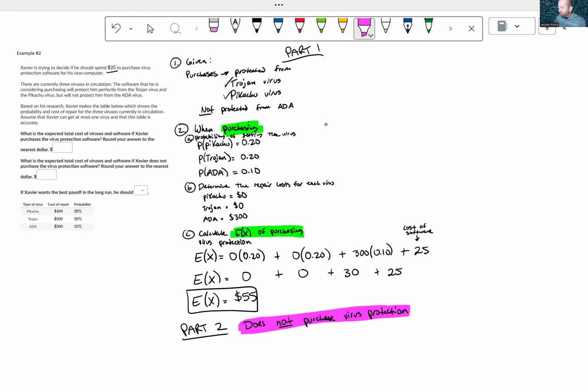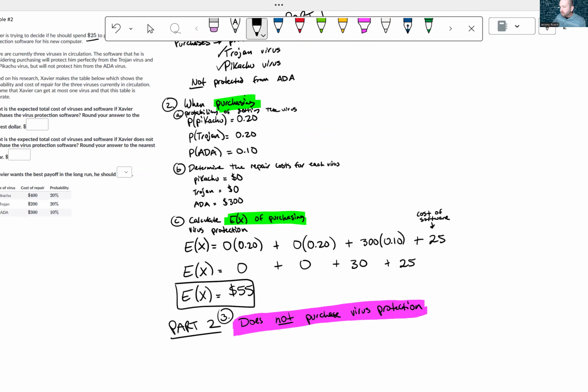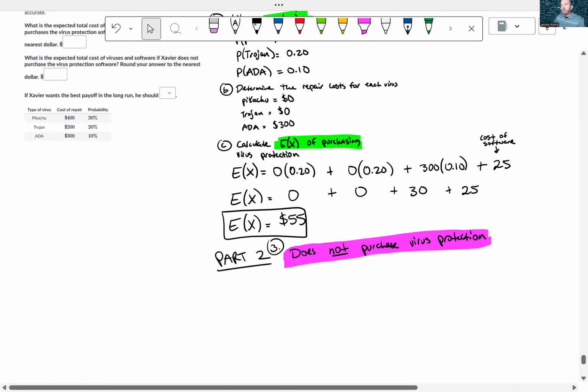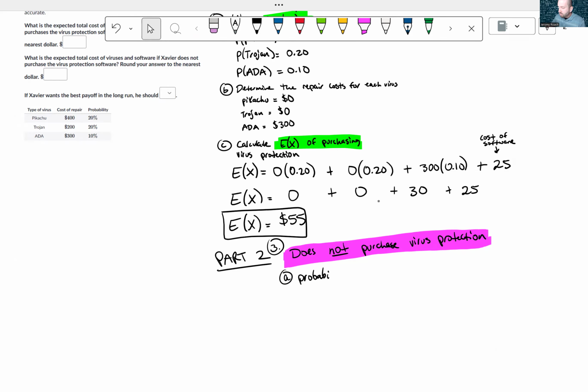And this is a little more straightforward because we have the probabilities of each virus, and we also have the cost of repair. So we're just going to multiply these values from the table for part 2. So this is actually, I should say that's step 3. And then, so now we're going to multiply all of these. So we're looking at the probability that he gets each virus. I'm just going to write it down, but it does match what's on the table.